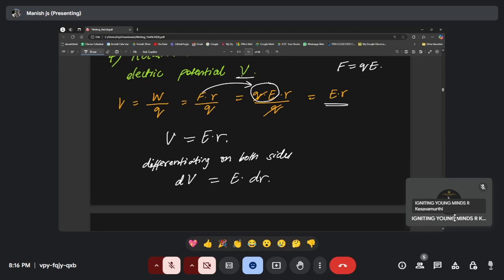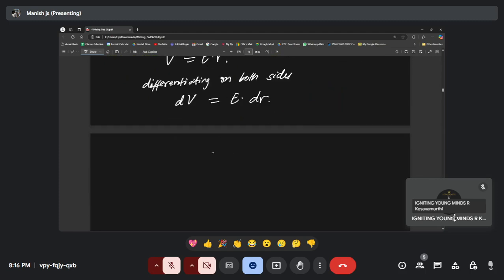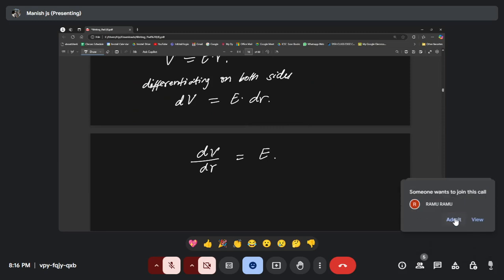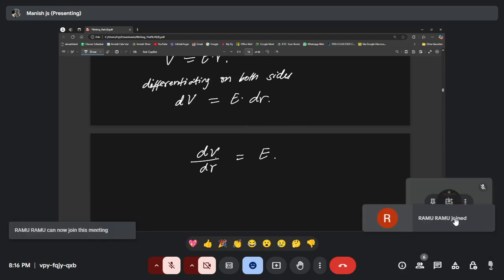Because electric field is always constant. Electric field does not change. Under the assumption of uniform electric field, we can write dV is equal to E times dr. So therefore, we can write dV by dr is equal to E. So the potential gradient can be expressed as electric field.